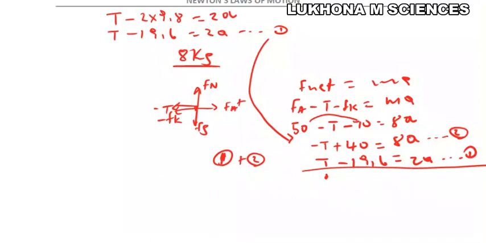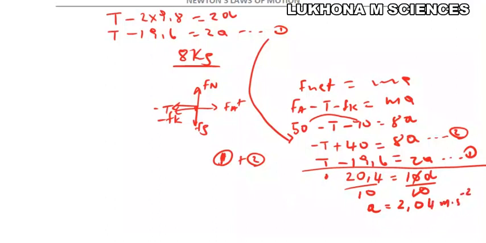So we get positive 20,4, which is equal to 8 plus 2, that is 10. Then we divide by 10 both sides. Then we get acceleration, which is equal to 2,04 meters per square second.